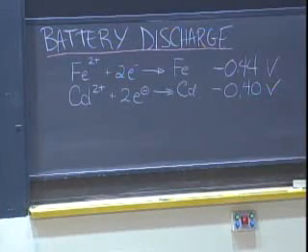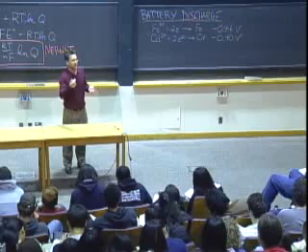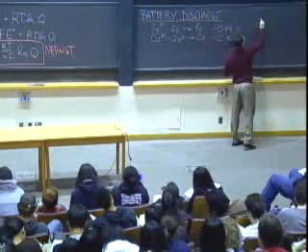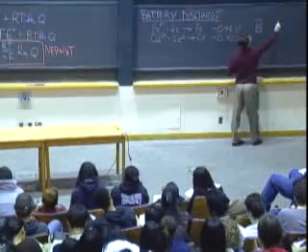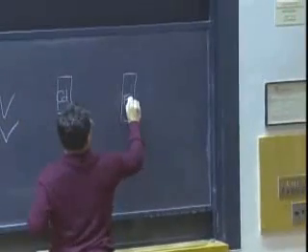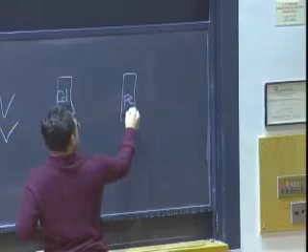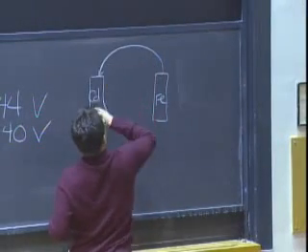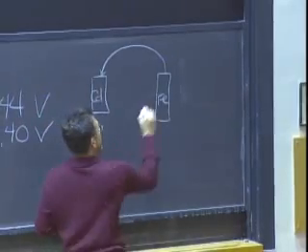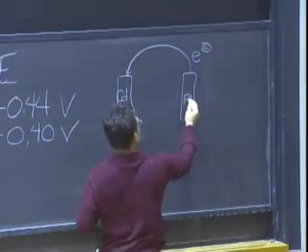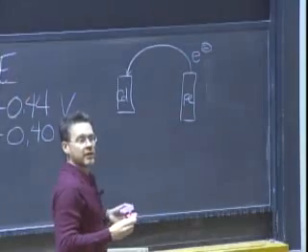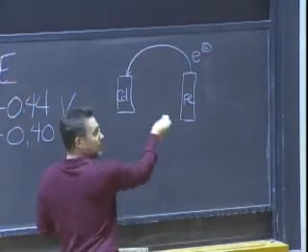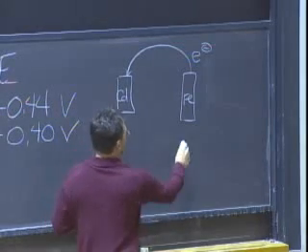And since iron is more negative, if we set this cell up, with a piece of cadmium on one side and a piece of iron on the other side, then this piece of iron metal is going to be providing the electrons in this system when we go in the spontaneous direction. So the electron flow in the external circuit will be from the iron metal electrode to the cadmium metal electrode, and things happen in solution as we've discussed, but that makes iron the anode.